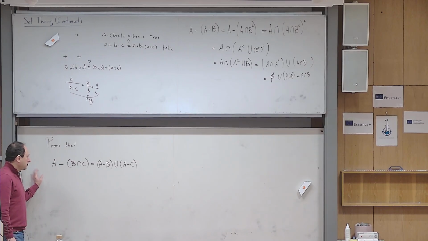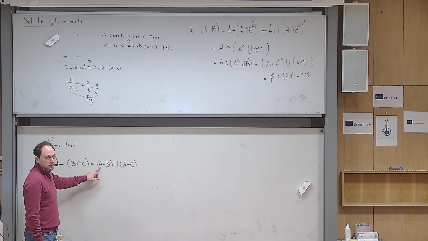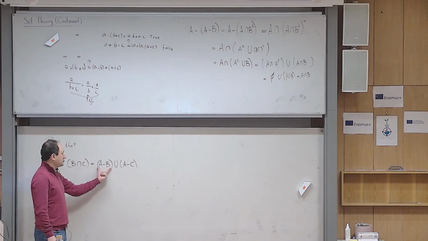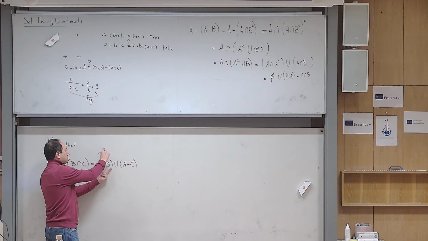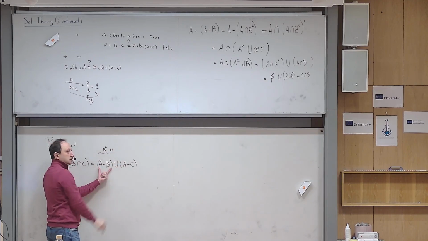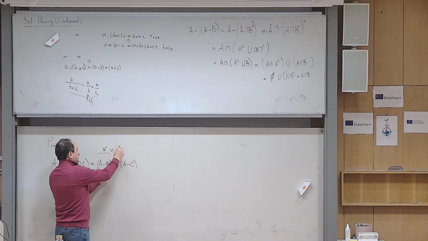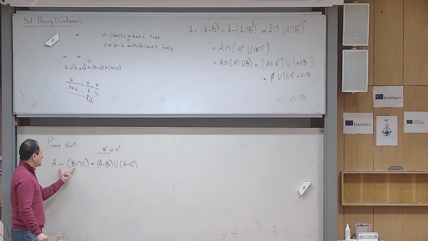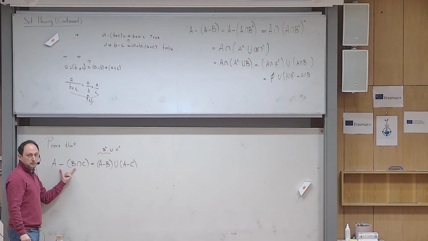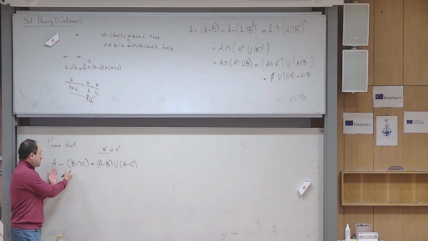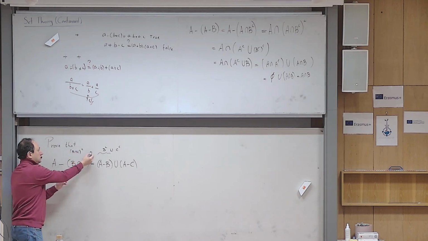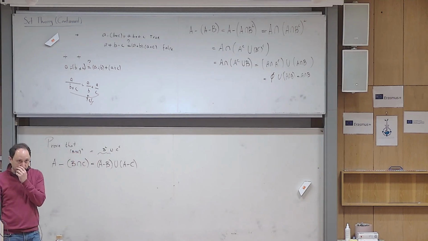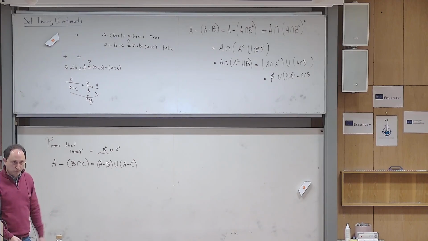Because if A is the universal set, this is B complement, union, this is C complement. And then this one is the complement of this set. So it is B intersection C complement, and that is De Morgan's law. So this is one way of looking at it.